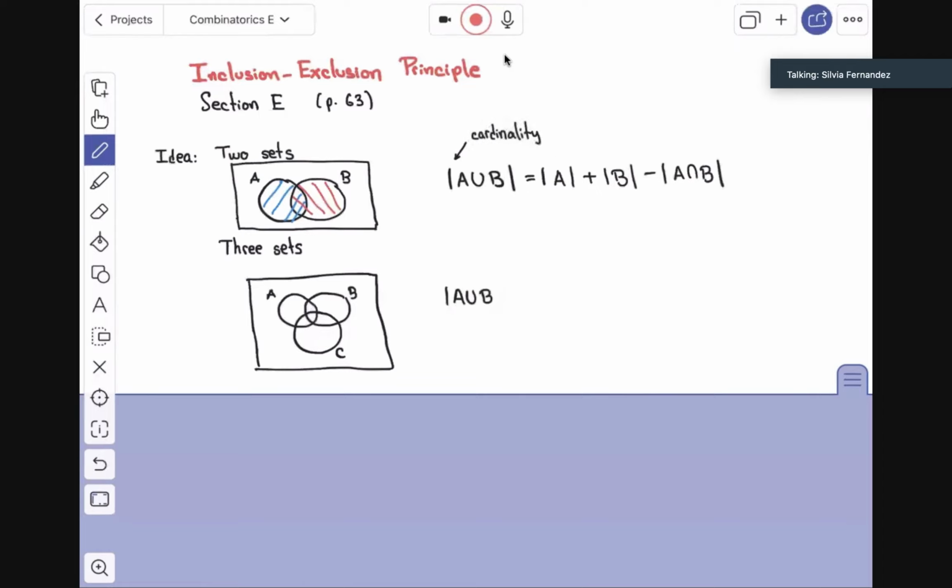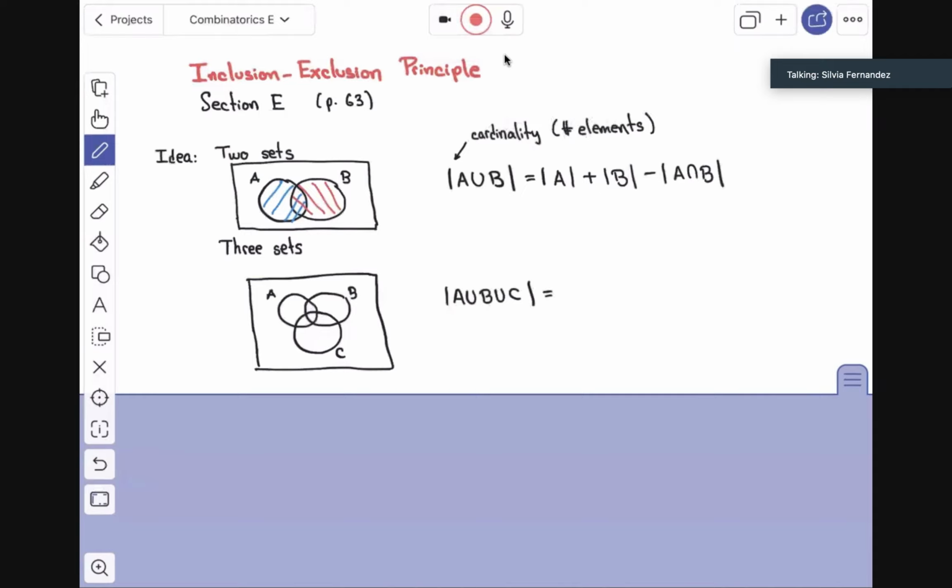So number of elements in that set. So here I want to know how many elements are in the union of A, B, and C. So whatever is inside the interior of those disks.